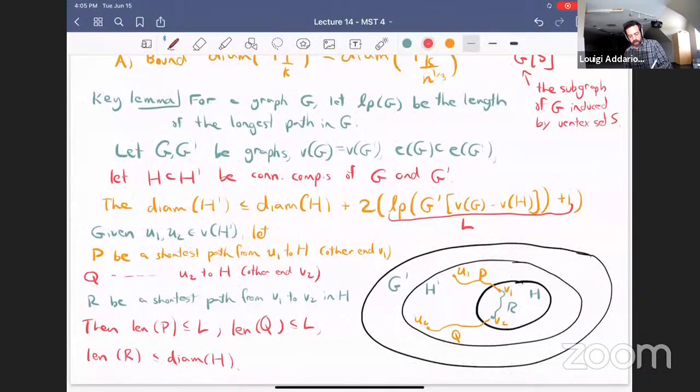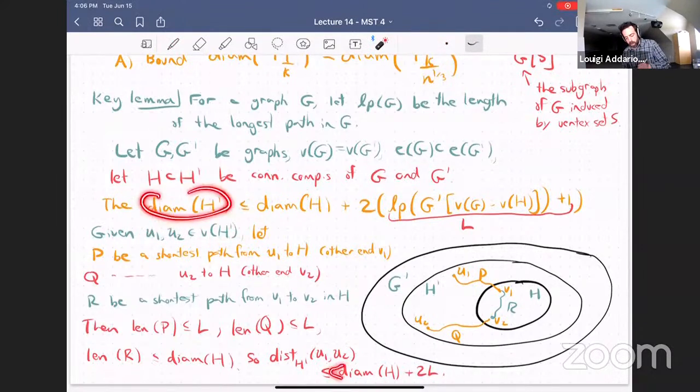So when I put them together, we get that the distance in H prime between U1 and U2 is at most the diameter of H plus 2L. Okay, and since that's true for any vertices in H prime, it follows that the diameter of H prime is at most the diameter of H plus 2L, which is the upper bound we were trying to prove.